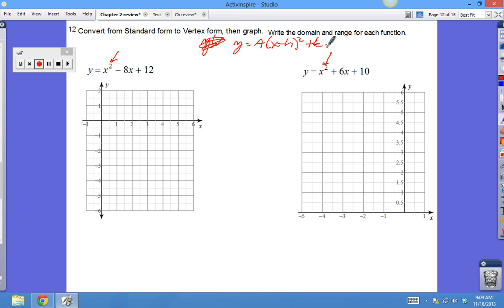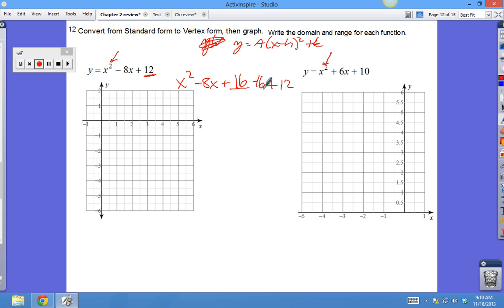So this first one, my question is, I'm wondering about this 12. Is the 12 the number of my choice, or would I prefer it to be something else? And I would prefer it to be not 12, so they gave me a bogus number. I want it to be a 16. The very moment I add 16 to this problem, I must turn right around and take it away.